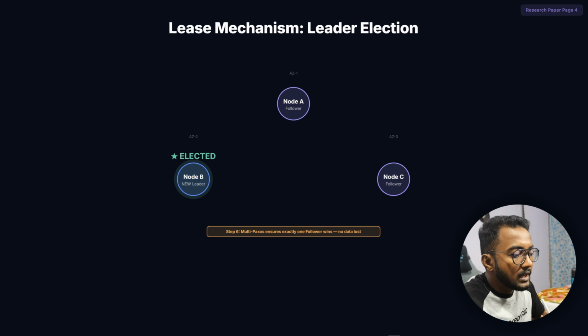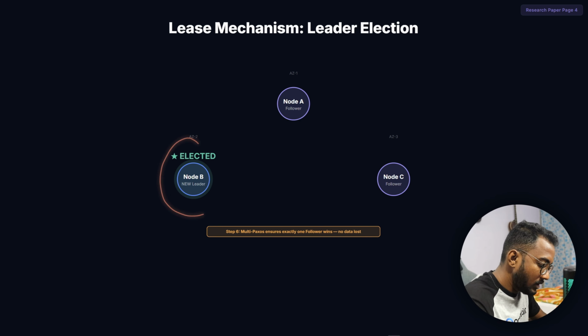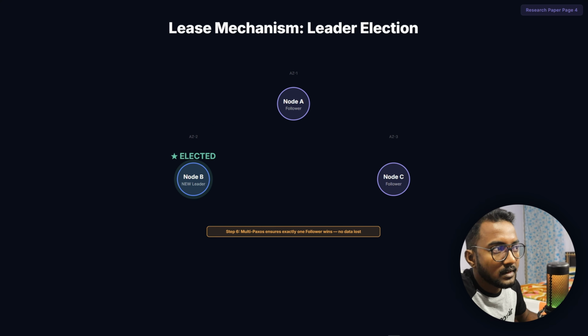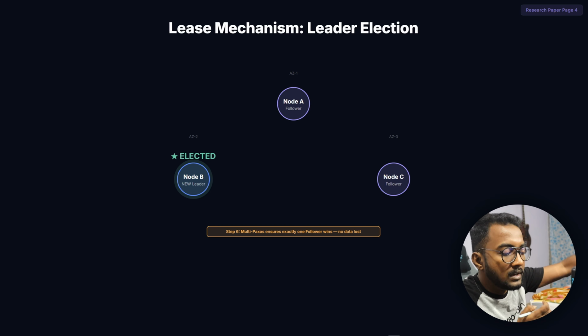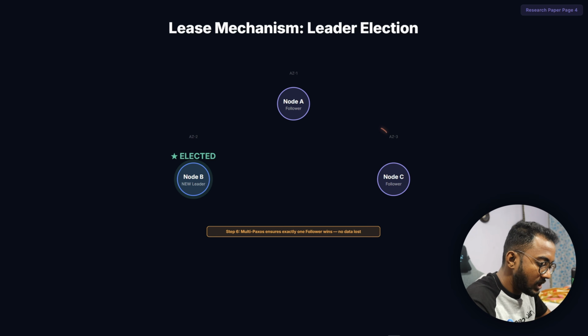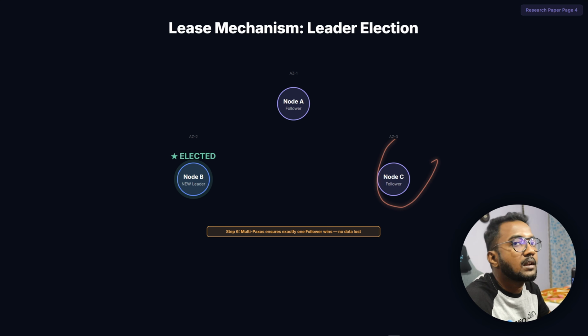So a healthy write quorum, let's say B has been selected, remains: 2 of the 3 replicas that are in different availability zones. Even though A went down, B and C are still in different availability zones, so the logs will be persisted there.